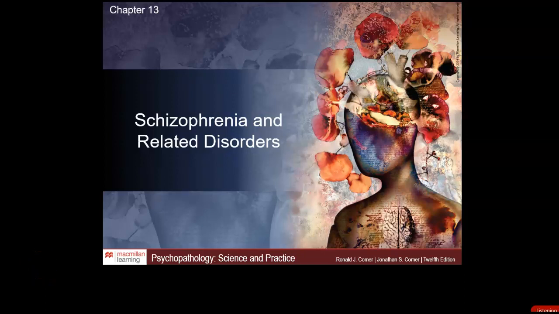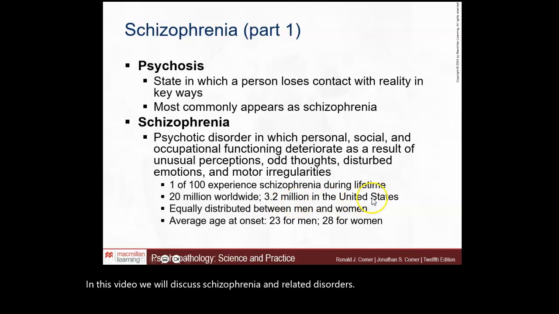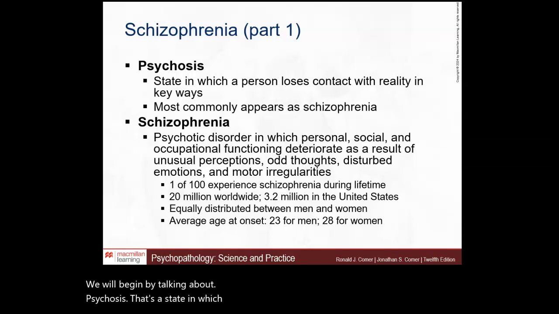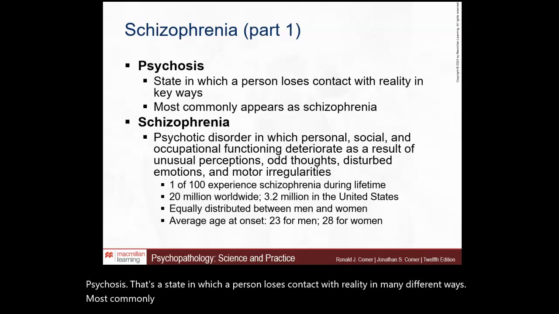In this video, we will discuss schizophrenia and related disorders. We will begin by talking about psychosis. That's a state in which a person loses contact with reality in many different ways. Most commonly appears as schizophrenia.